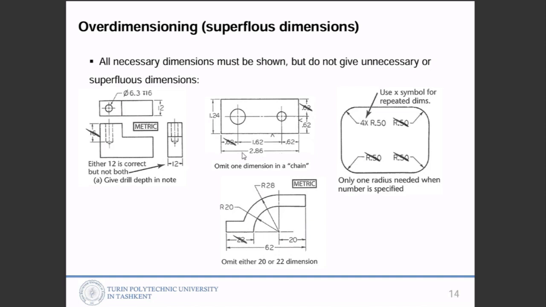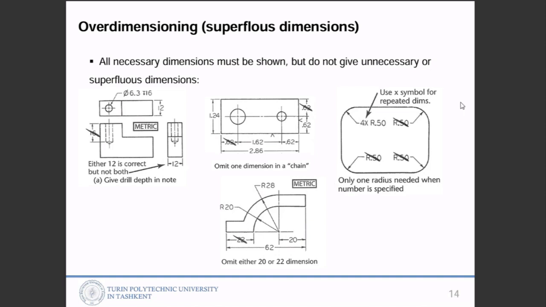The bracket means a secondary dimension. A secondary dimension is just for information, for just seeing it, not for making it.